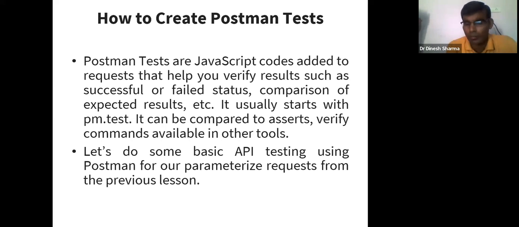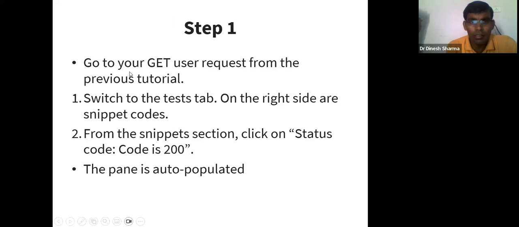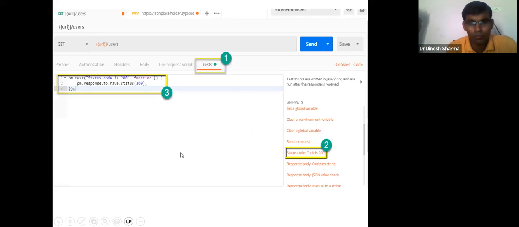So how will we create the Postman test? Go to your GET user request from the previous session, with the help of the previous slide. Switch to the Tests tab on the right side of the script code. From the script section, click on status code: code is 200. The snippet is auto populated. You can see here we are inserting our URL.